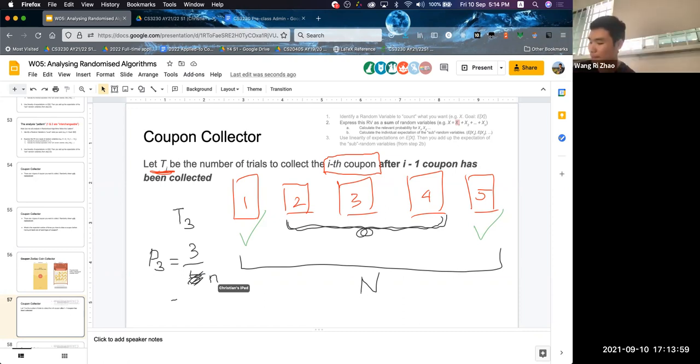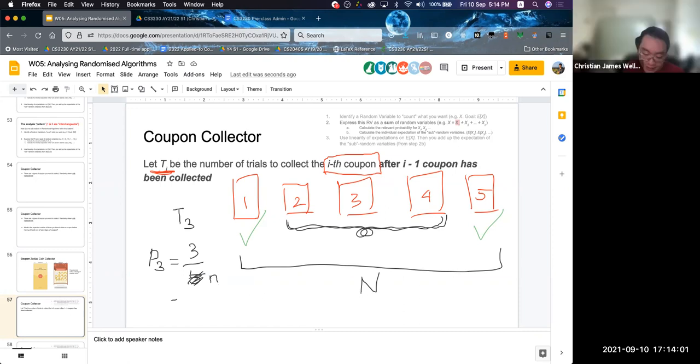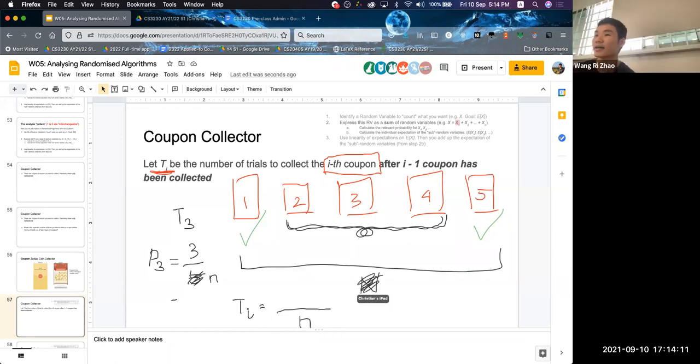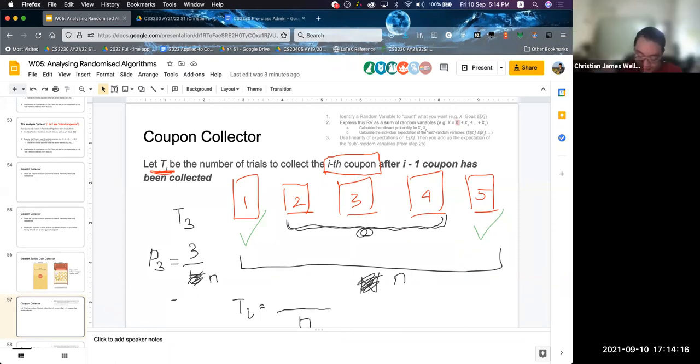So what if I have collected Ti? If I collected Ti, it is what over n? I over n? No, think again. Let me go through slowly.